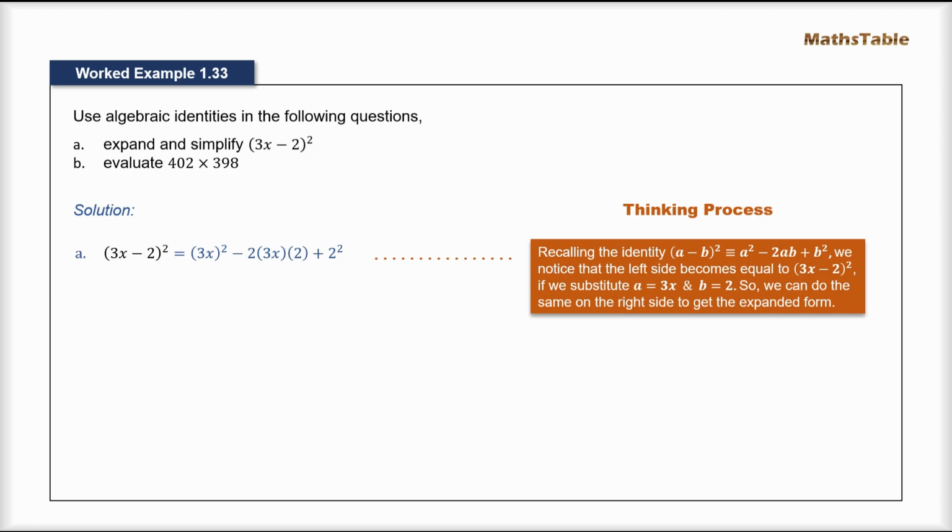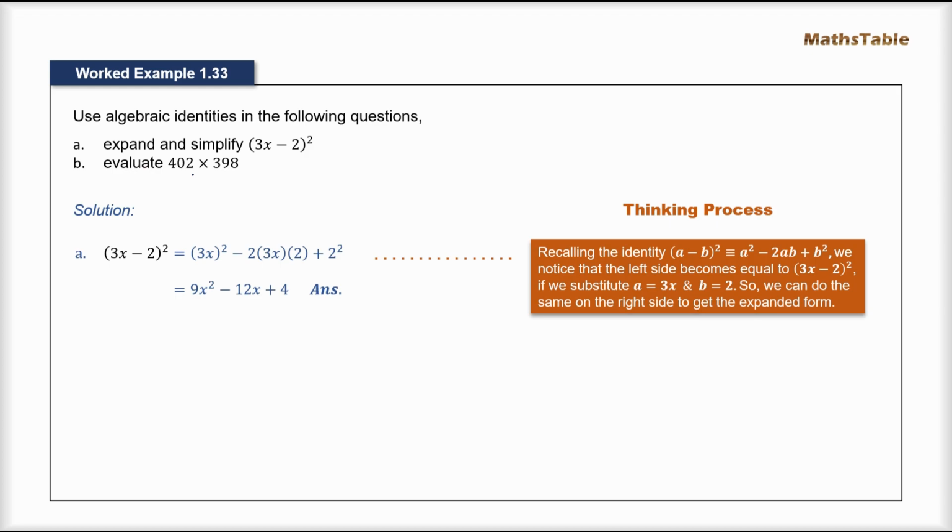Now simplifying it, we get the final answer: 3 squared is 9, so 9x square, then multiplying 2 times 3x times 2 gives 12x, plus 4. So this is how we can obtain the expanded form of this factorized algebraic expression.